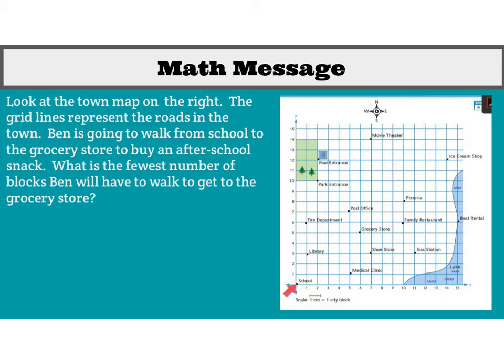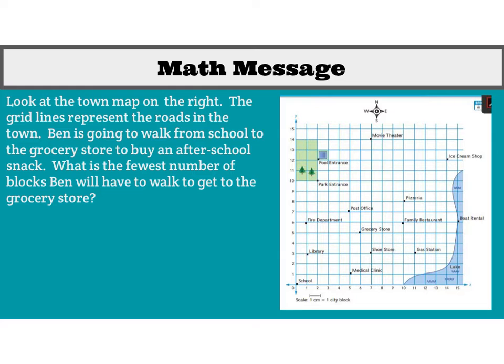If we decided to stay down here at the bottom and go over and then up, again we count 1, 2, 3, 4, 5, 6, 7, 8, 9, 10, 11.